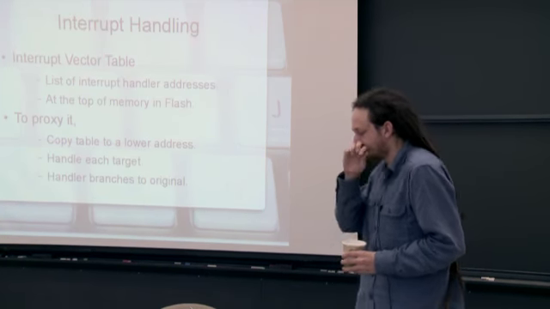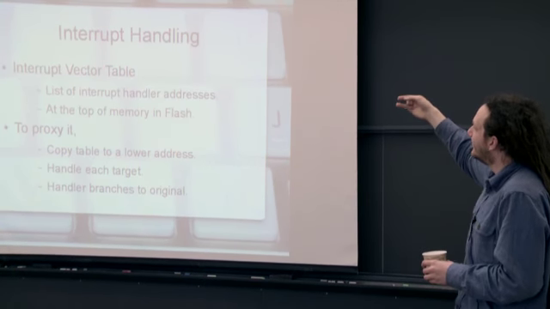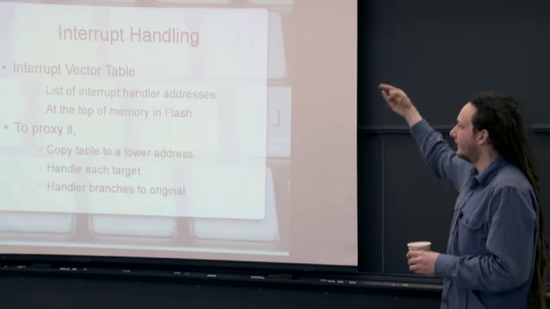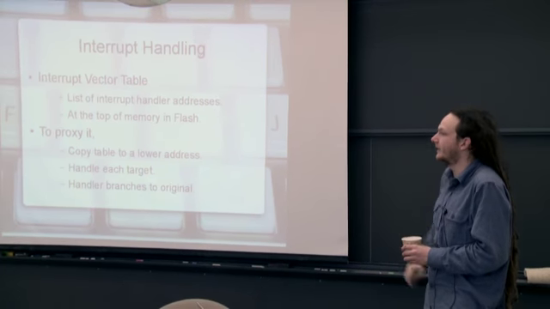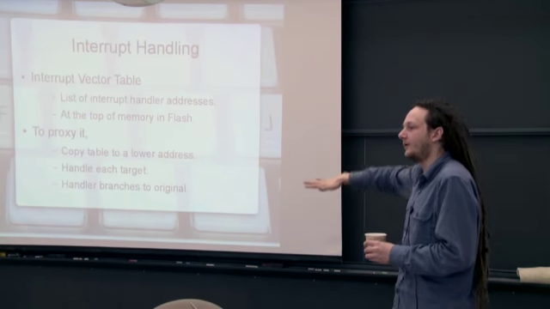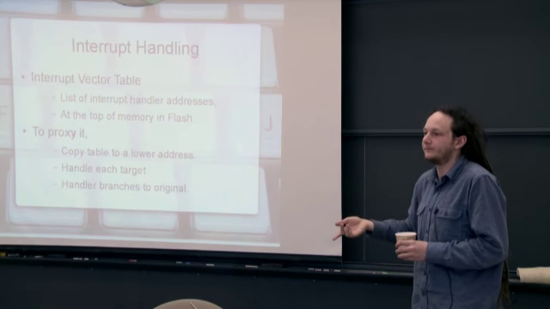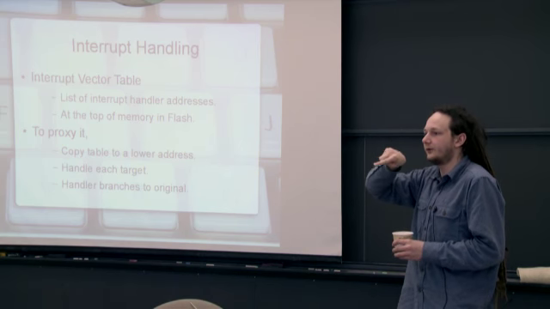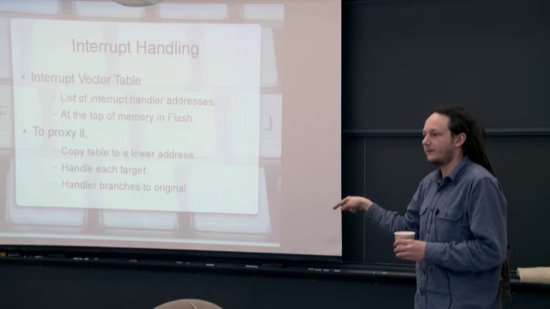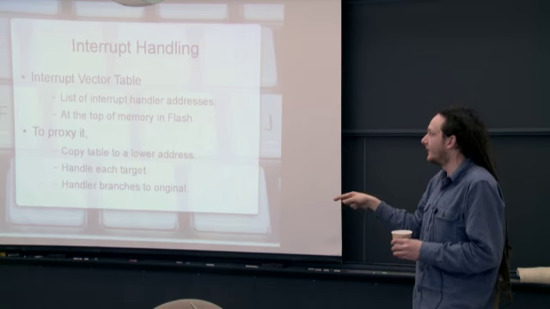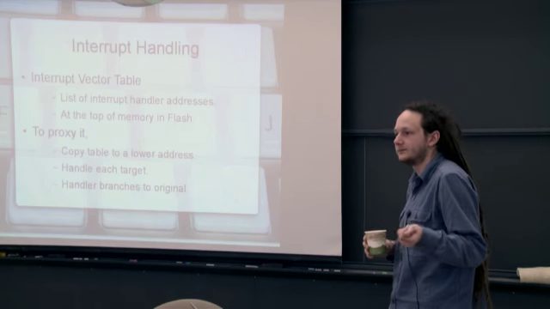So the interrupt vector table itself is just the list of interrupt handler addresses, and it's at the top of memory. So if you copy this to a lower address, and then for every target that you don't care about, you just immediately branch to the address in the lower table. And for anything that you do care about, you hook it.